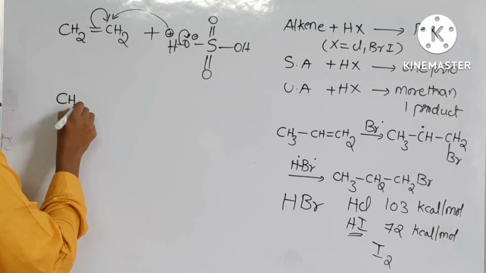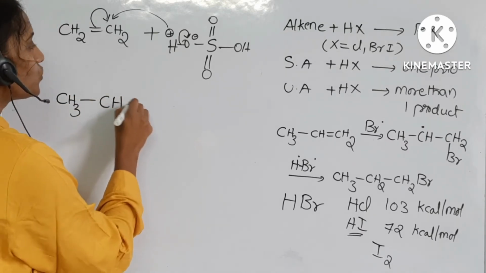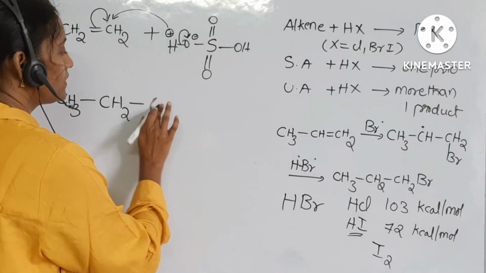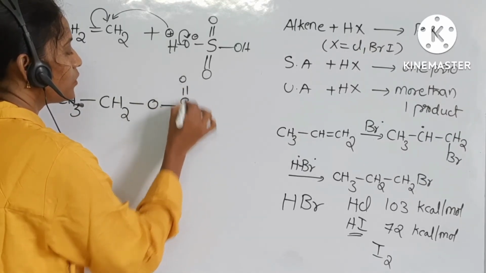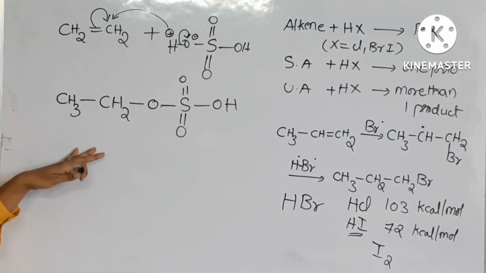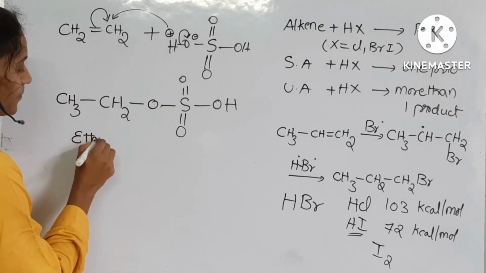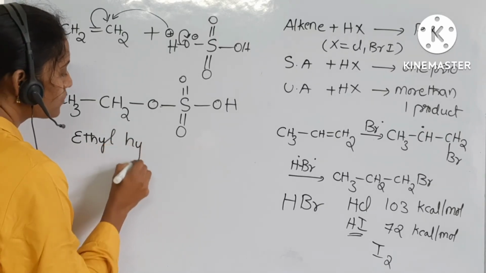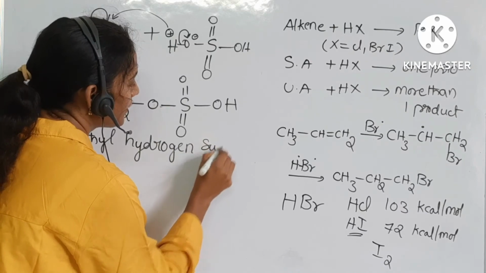So this is CH3, CH2, this is oxygen, sulfur, double bond O, double bond O, OH. This is ethyl hydrogen sulfate. This compound's name is ethyl hydrogen sulfate.